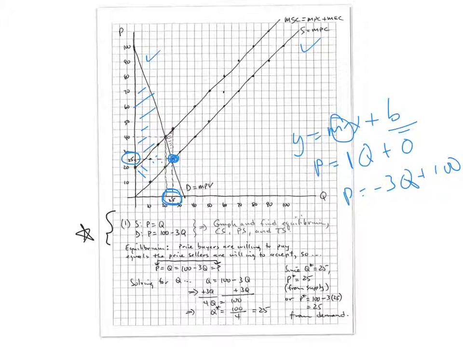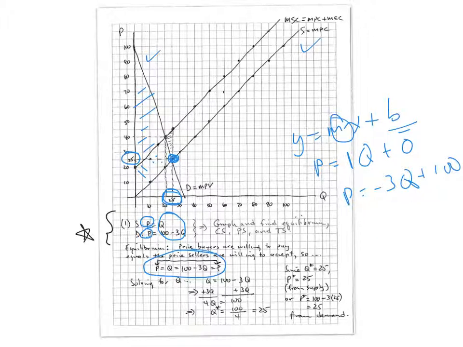Since I've already got price by itself in these two equations, I'm going to simply note that at equilibrium, the supply price is equal to the demand price, which means that the right-hand sides of these expressions are also equal. That is, Q equals 100 minus 3Q. Okay?